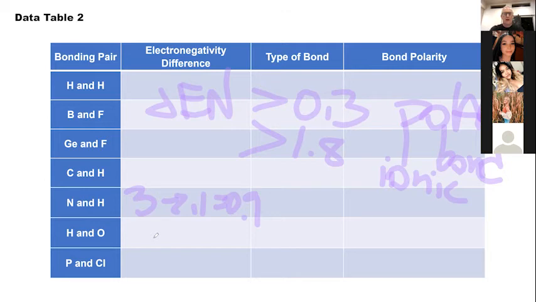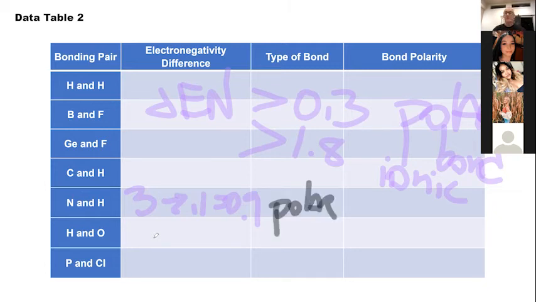Nonpolar, polar, or ionic? Cassandra, help us out. You said if it's above 0.3, it's polar. Yep. Okay, then polar covalent bond. So say polar covalent.